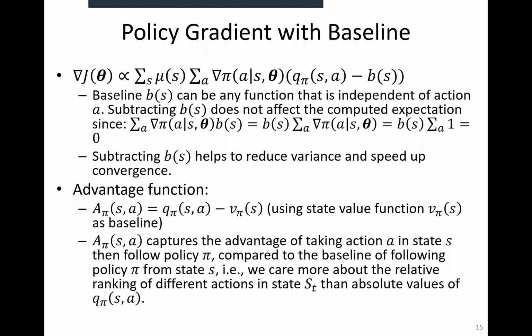You can subtract a baseline from the Q pi in the formula, where the baseline B(s) can be any function that's independent of action A. Subtracting B(s) does not affect the computed expectation, because if you take B(s) times this, only this part, you can bring the B(s) out of the summation because it's independent of the action A being summed.